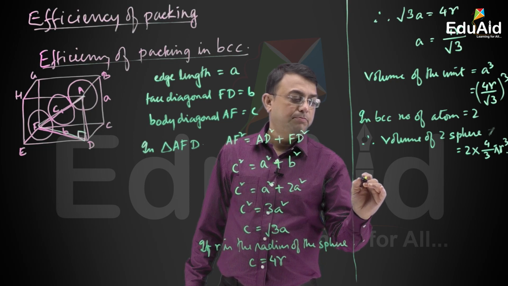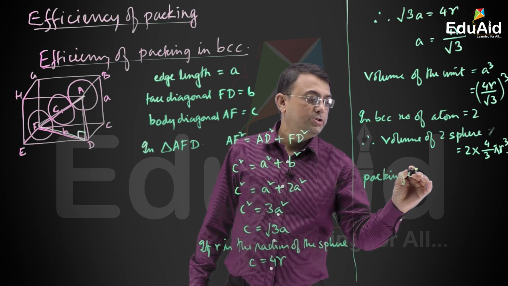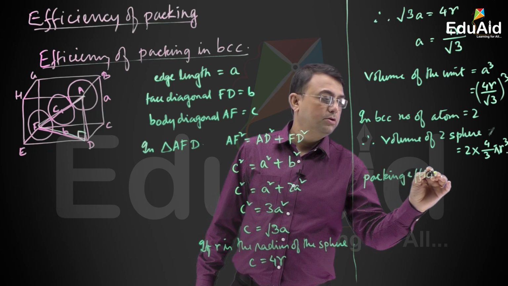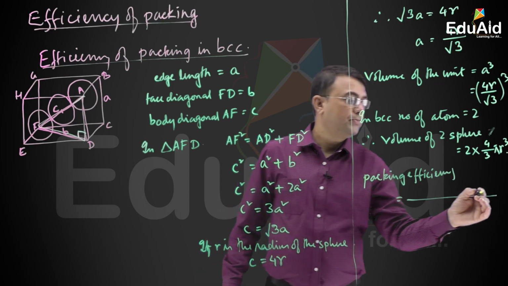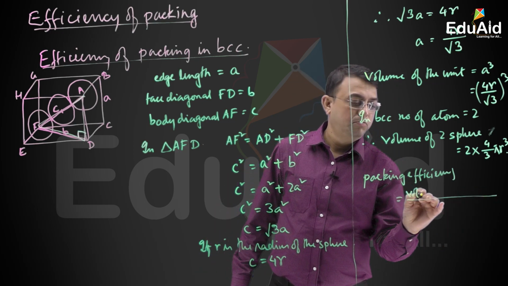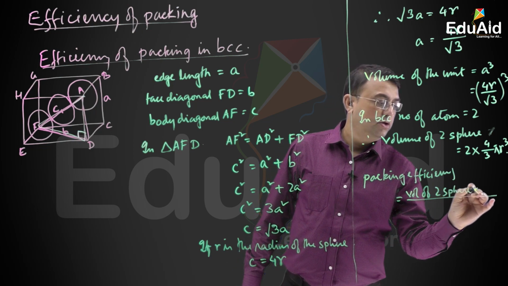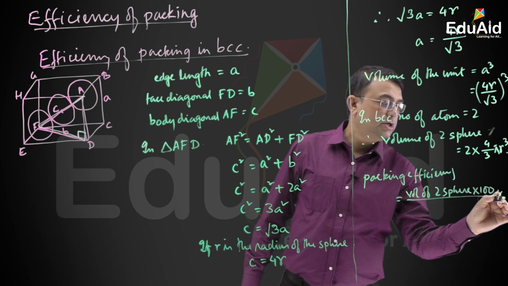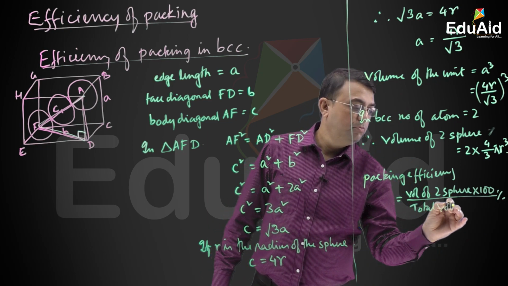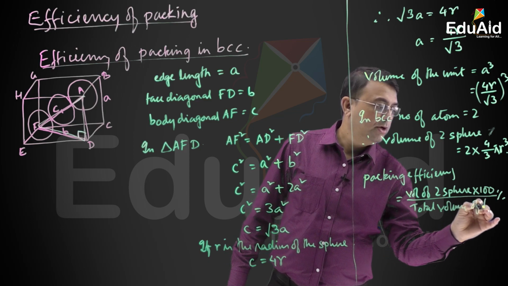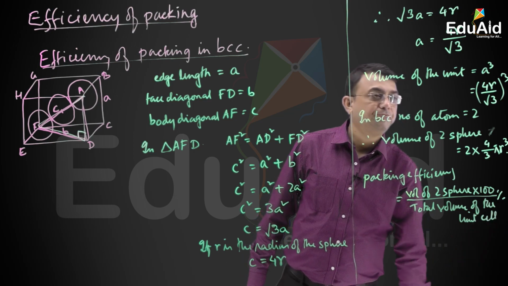So, packing efficiency equals the volume of 2 spheres into 100% by the total volume of the unit cell or the cube.